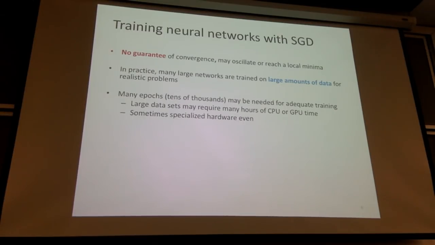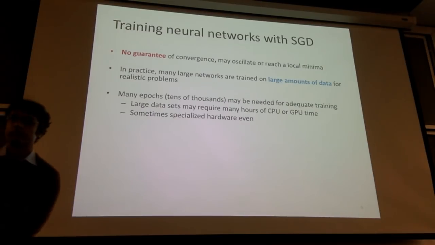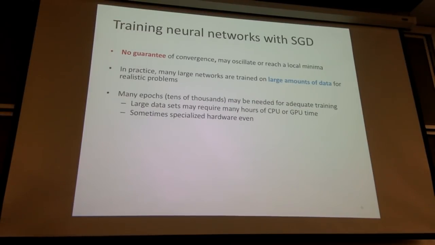In practice also, you might need to train for tens, thousands, maybe, I don't know, of epochs over the data. And the data sets themselves may be massive. For example, a data set that my student has been playing with has about 500,000 examples, and he runs maybe about 300 epochs on them. This is for every single thing, every single cross-validation.